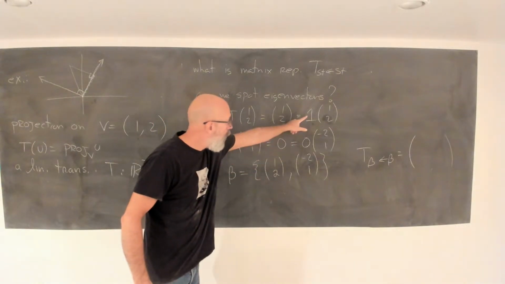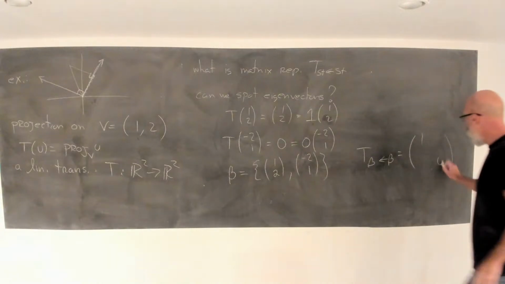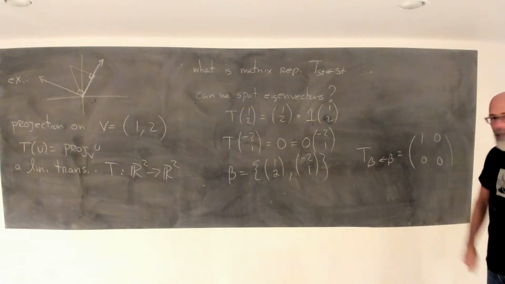This is an eigenvector corresponding to 1. This is an eigenvector corresponding to 0. So 1, 0 on the main diagonal.